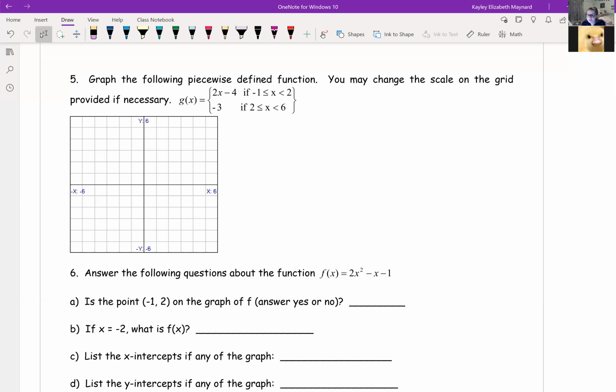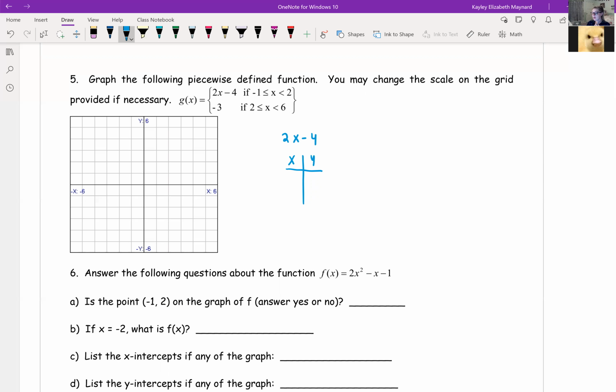To graph this, I'm just going to make a little chart because I think that's easy. I'll make a chart with some x values that I'm going to input, and then I'll keep track of their outputs. I was telling my class today that you always want to plug in your endpoints on the intervals. So 2x minus 4 is defined where x is between -1 and 2.